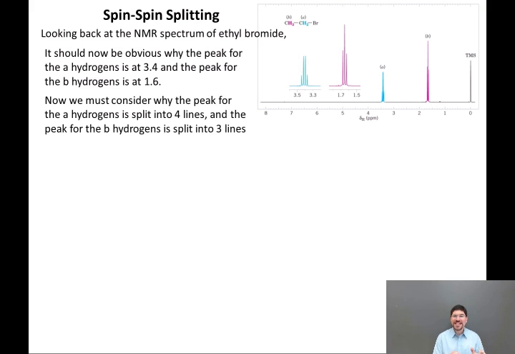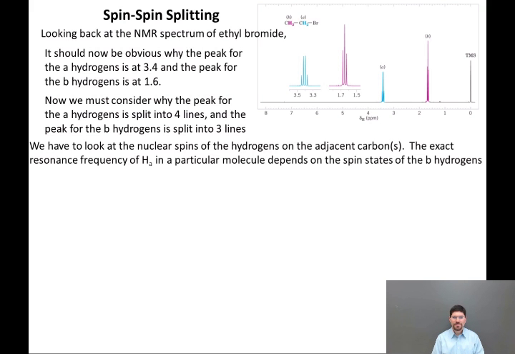Now we must consider why the peak for the A hydrogens is split into 4 lines and the peak for the B hydrogens is split into 3 lines. To understand this, we have to look at the nuclear spins of the hydrogens on the adjacent carbons.